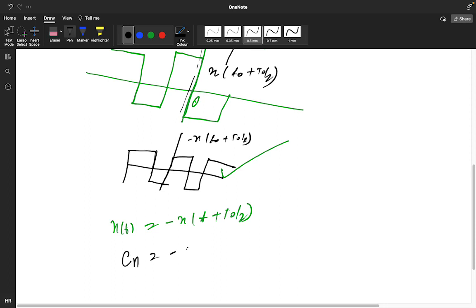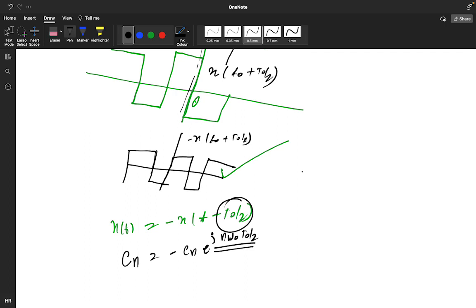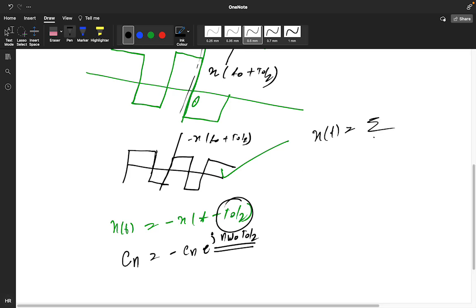This Cn will be equal to minus Cn times e power j n omega naught t naught by 2. An extra term will come because of this t naught by 2. So what is the formula? If you remember, you can tell me: what is the formula of x of t? Summation n equals minus infinity to infinity c of n e power j n omega naught t.